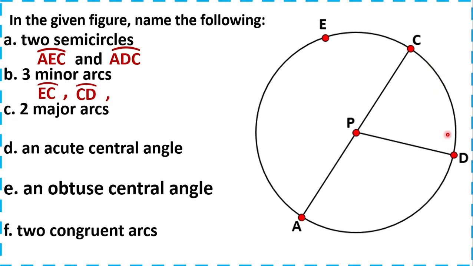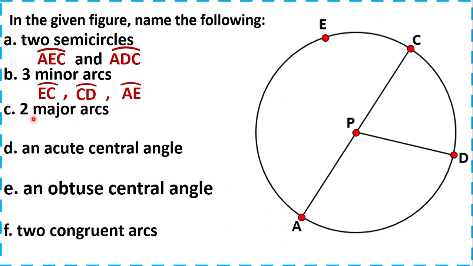To name a minor arc, we only use 2 points on a circle. The third one is arc AE, which is also a minor arc since this is less than 180 degrees. These are the 3 minor arcs found in the circle. But if we have to name another minor arc, arc AD is also a minor arc.